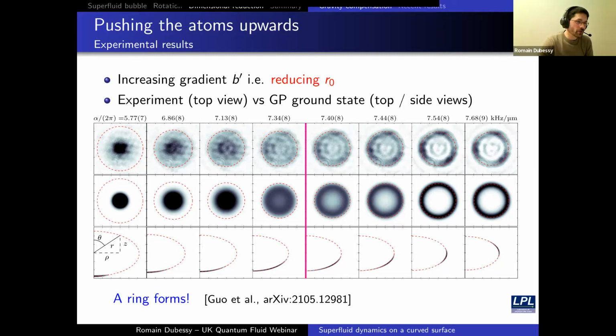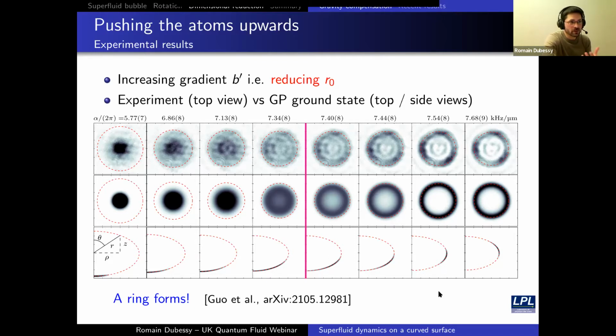Okay, so we have not thought about delta kick cooling, but definitely we have thought about creating a ring trap at this position, for example, and then switching off the gravity compensation quite fast, to force the atoms to go back to the bottom of the bubble and see what happens during the collision.